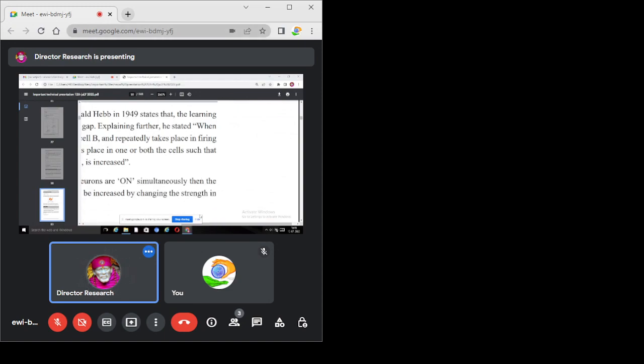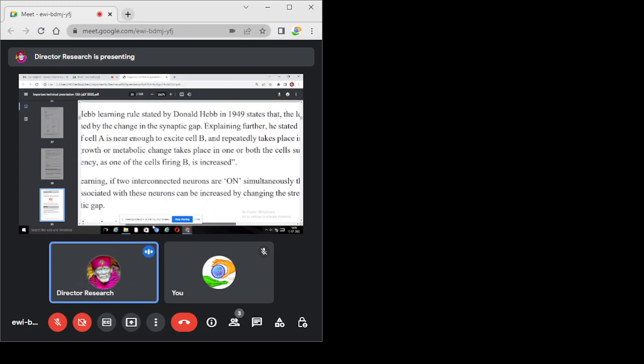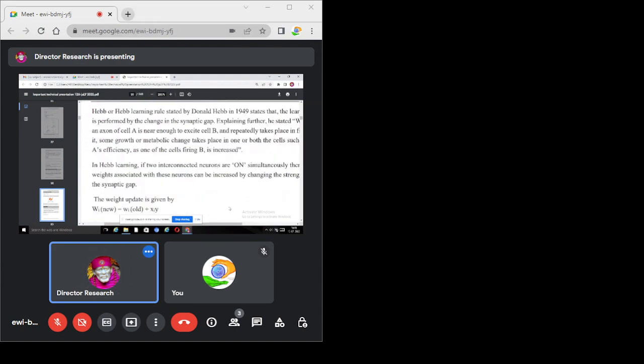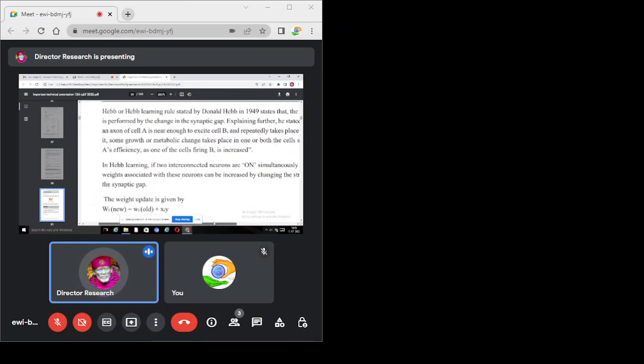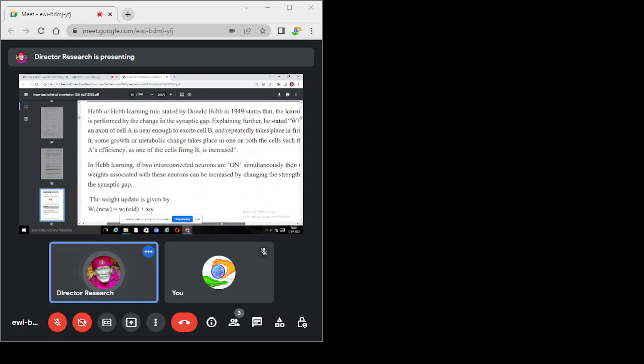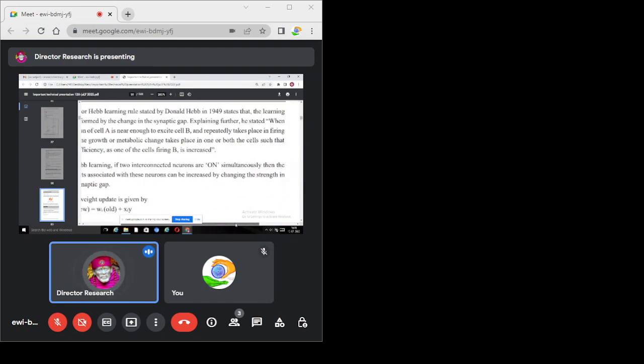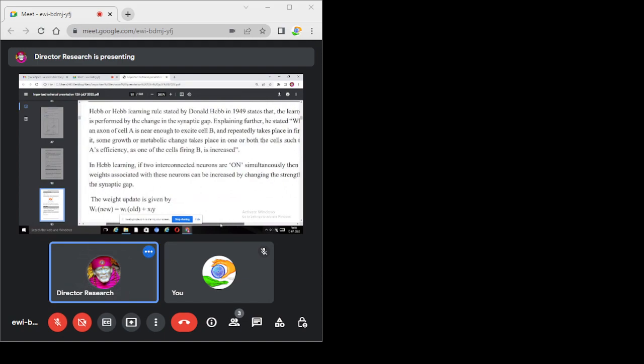Explaining further, here a very important one is: when an axon of cell A is near enough to excite cell B and repeatedly takes part in firing it, some growth or metabolic changes take place in one or both cells such that A's efficiency as one of the cells firing B is increased.